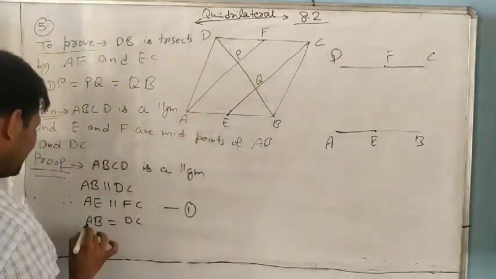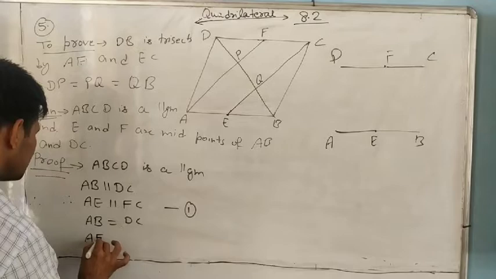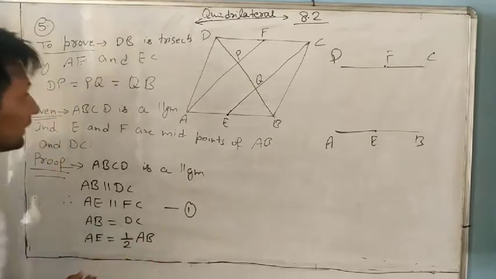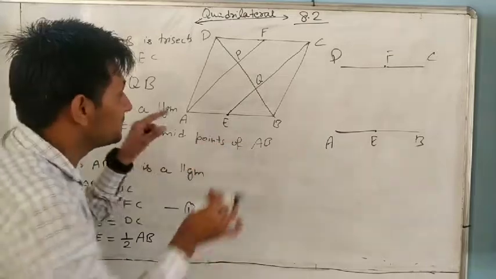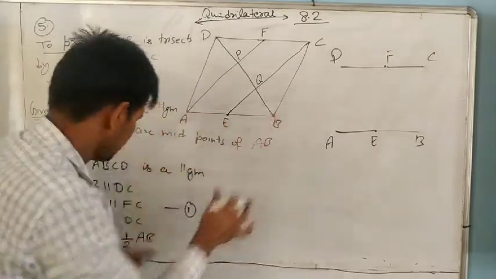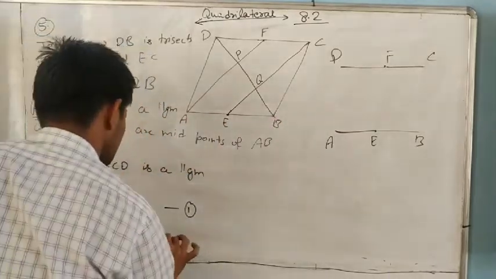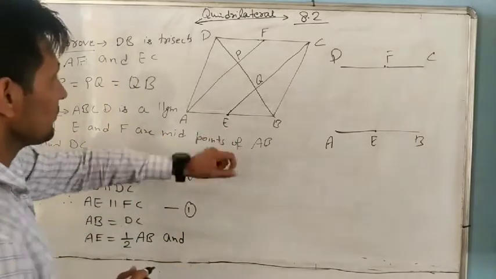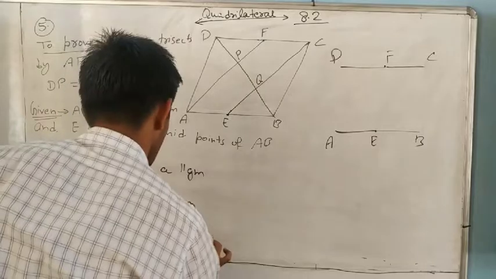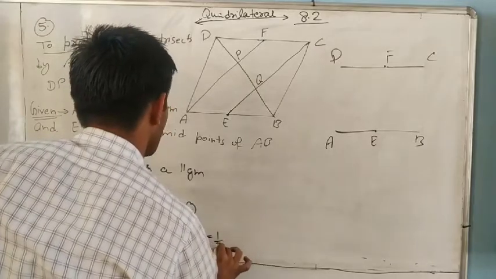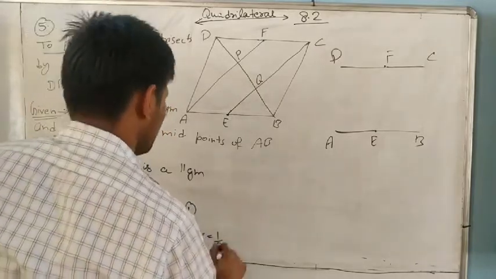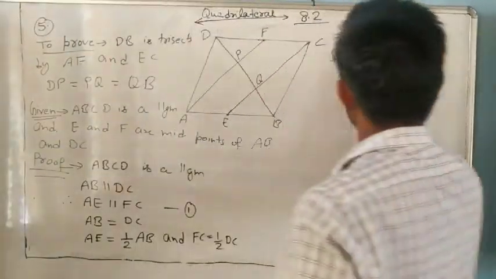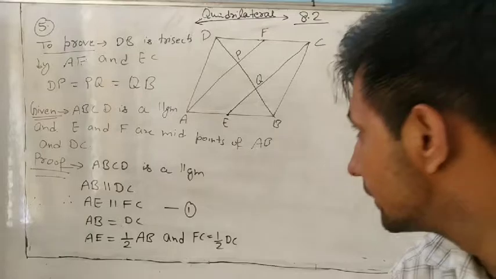Because AE is half of AB, since E is the midpoint, and FC is half of DC.